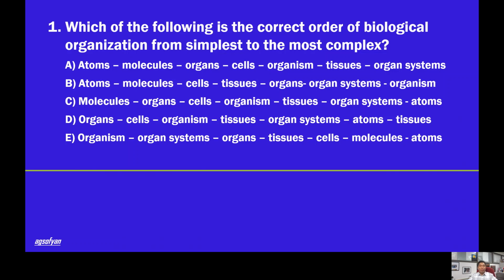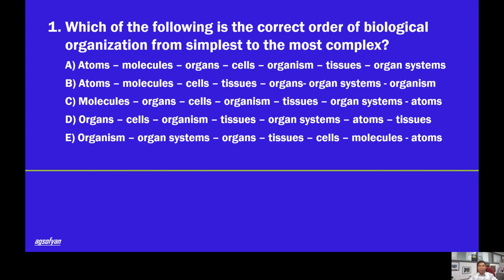Okay, now we start with question number 1. Which of the following is the correct order of biological organization from the simplest to the most complex? A. Atoms, molecules, organs, cell, organisms, tissues, organ system. B. Atoms, molecules, cells, tissue, organs, organ system, organism.